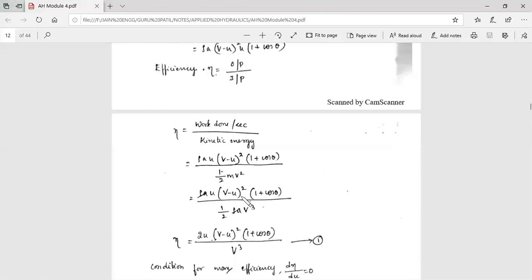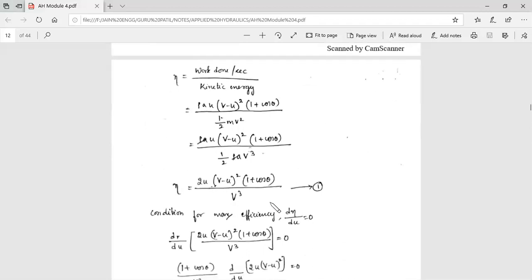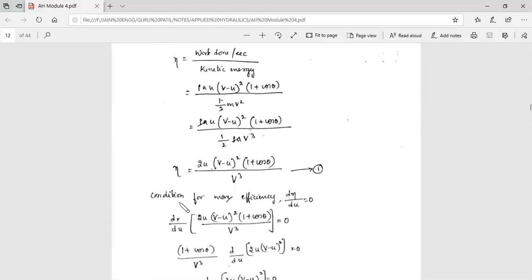Now mass can be written as rho into a into v. So the v square and one more v becomes v cube. So this rho a gets cancelled, and the remaining efficiency eta will be 2u (v minus u) whole square into (1 plus cos theta) by v cube. So bringing in this 2, it will become 2 here.